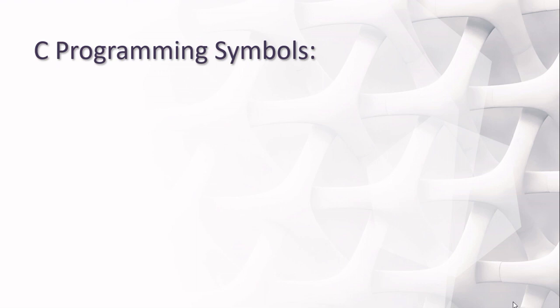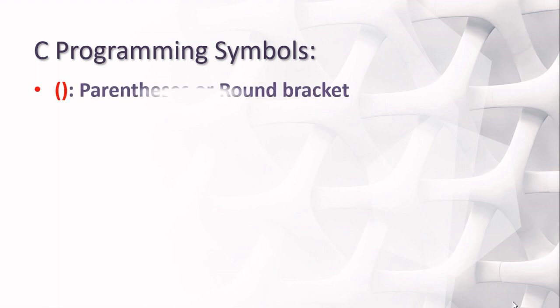So C programming symbols are very important before learning how to code. You need to understand how these symbols are used, and the names of the symbols are very important.